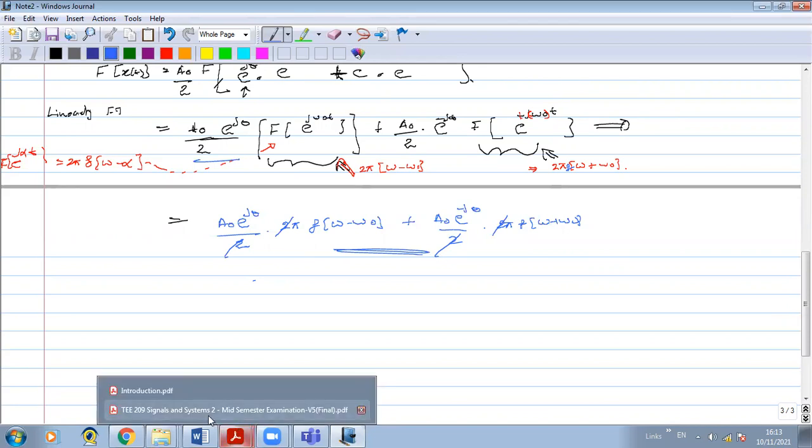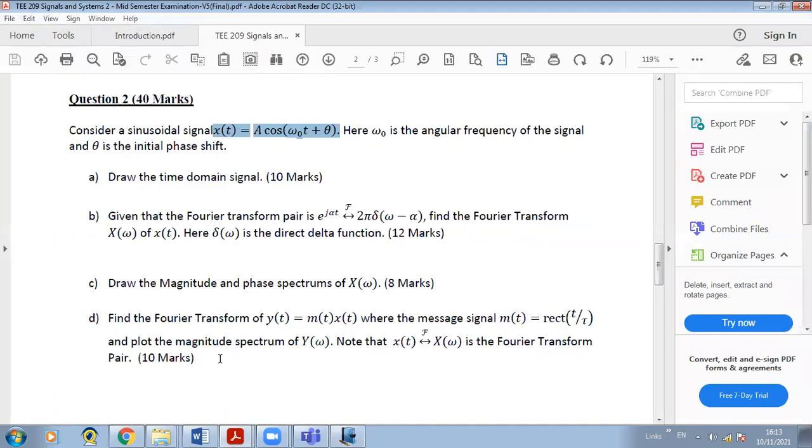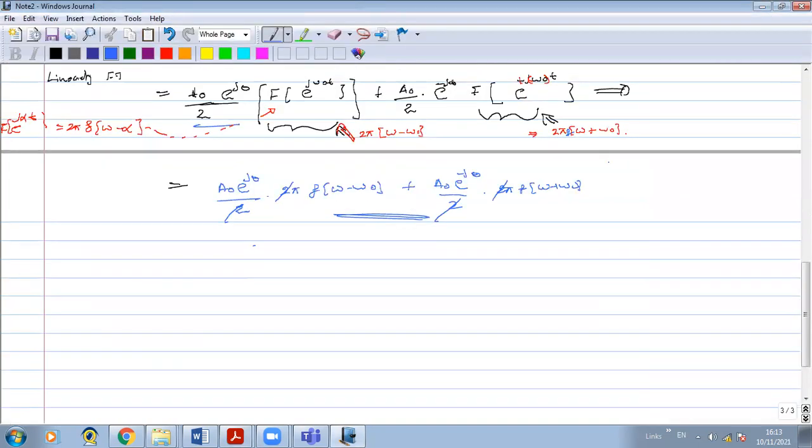So next, move to the other one. Draw the magnitude and phase spectrum of X of omega. The magnitude spectrum is the amplitude spectrum, the frequency spectrum.